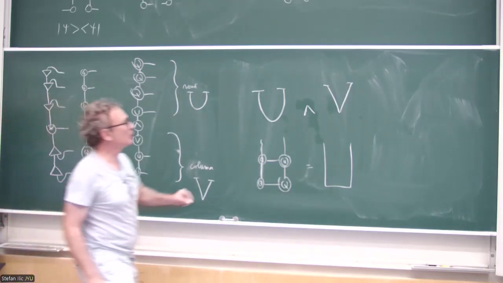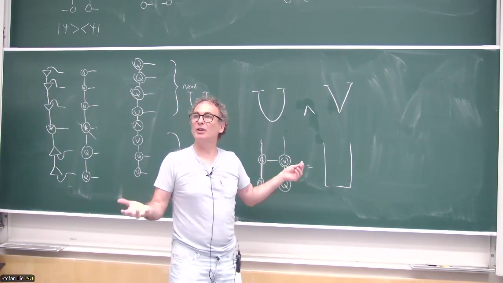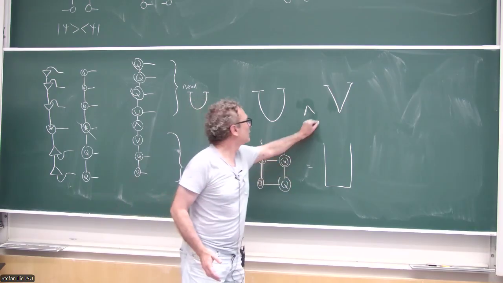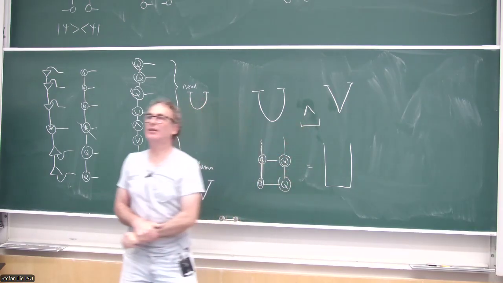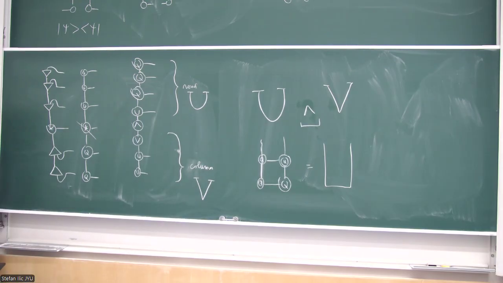If I want a compression with rank chi, I just keep the chi biggest singular values of this. You see, I have this property because it is an SVD of the exponentially large matrix, right?